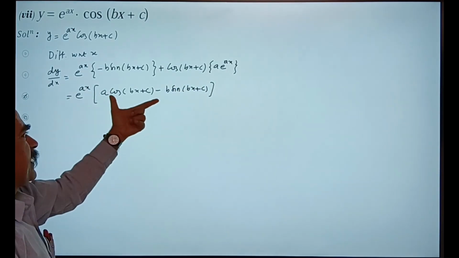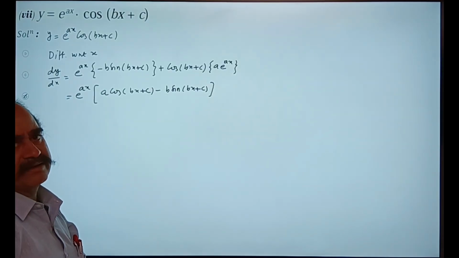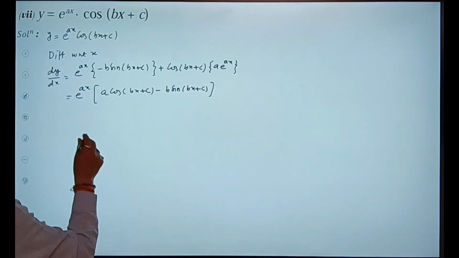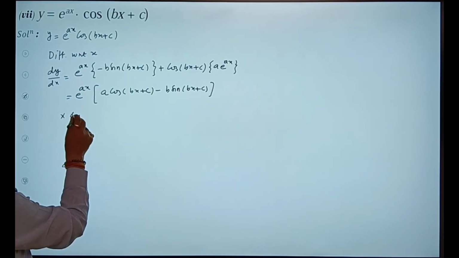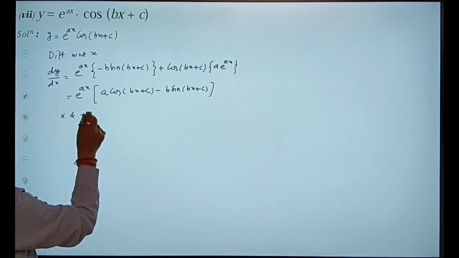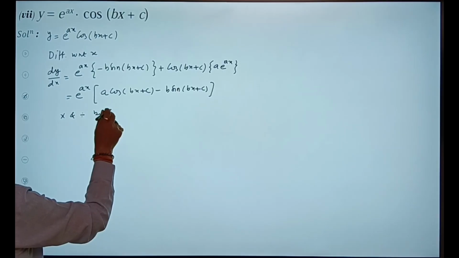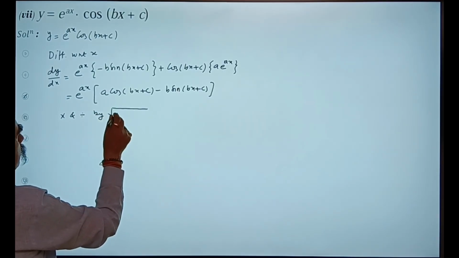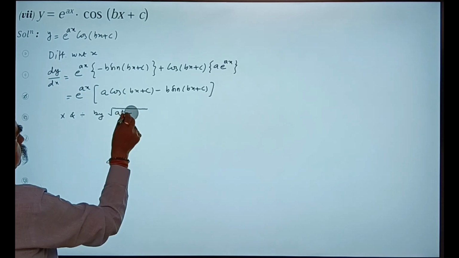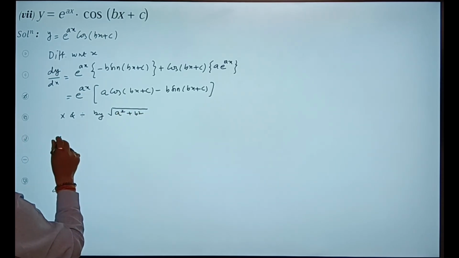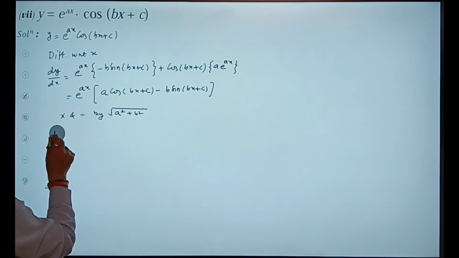I want to make this bracket as expansion of cosine. For that, multiplying and dividing by root of a square plus b square. So dy by dx will be what?